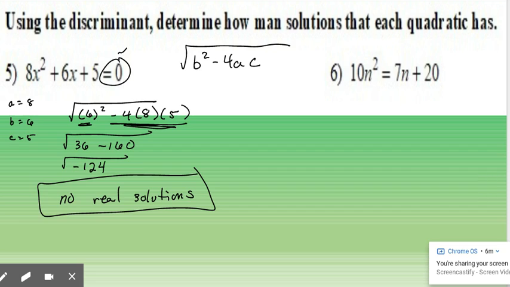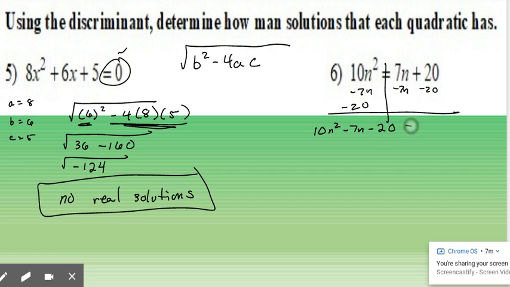Okay. For number 6, we got to make it equal to 0 first. So I have 10n squared minus 7n minus 20 equals 0. And now we can do the discriminant here. So the b value is negative 7, so I have negative 7 squared.